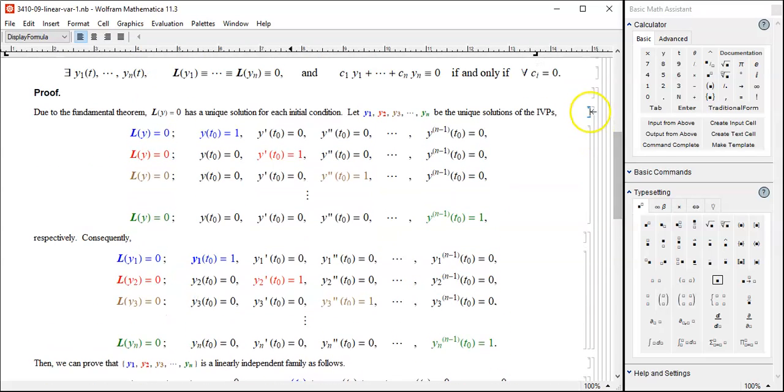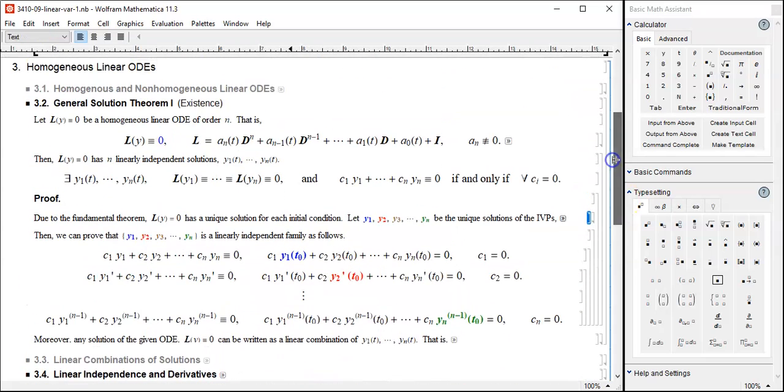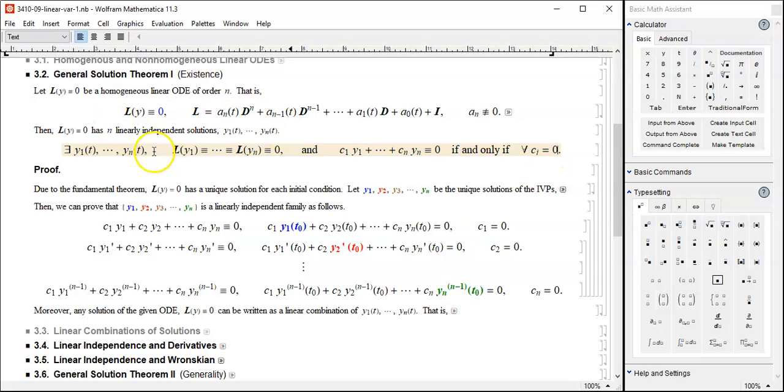Let's have a brief recap. We want to prove that linearly independent solutions y1 to yn exist. In other words, those functions exist so that they are solutions: L of y1 is 0, L of y2 is 0, they're all solutions. Moreover, they are linearly independent, which means when we assume the linear combination is identically equal to 0, then we have to prove all the coefficients are 0.